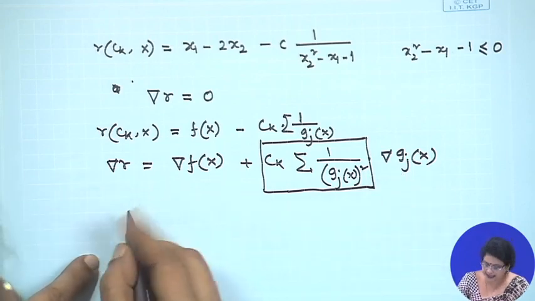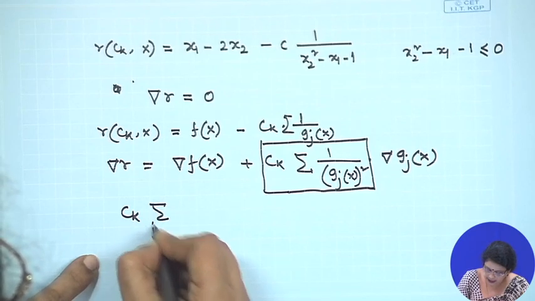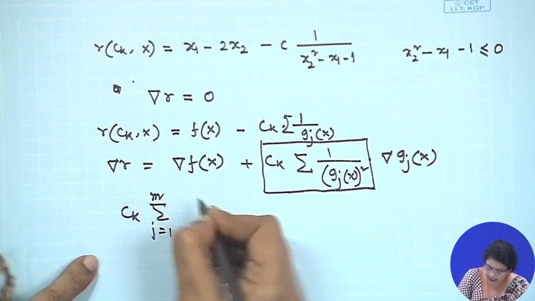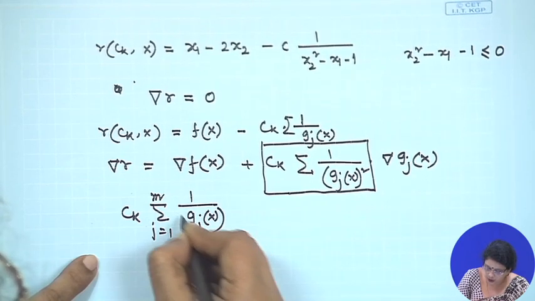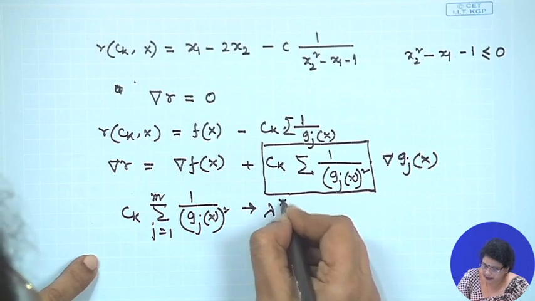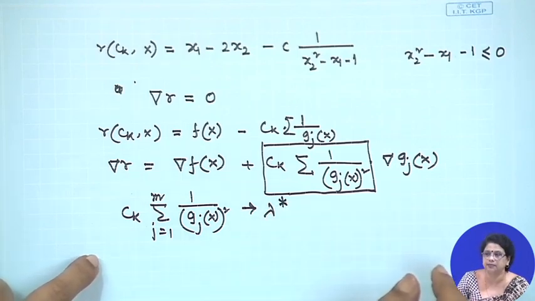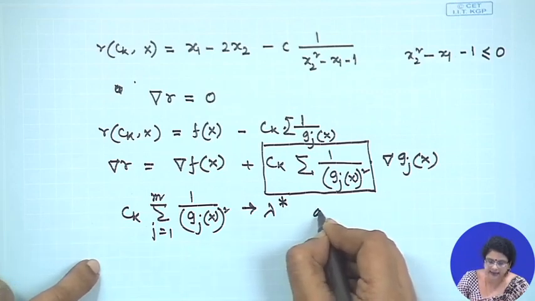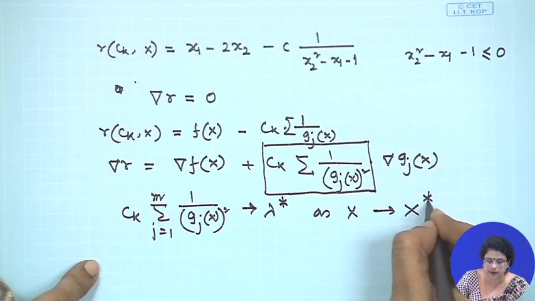Here also we can say that Ck summation j equal to 1 to m, 1 by g_j(x) whole square, tends to lambda star, that is the KKT multiplier, as x tends to the optimal point.